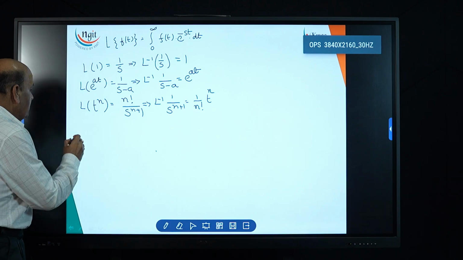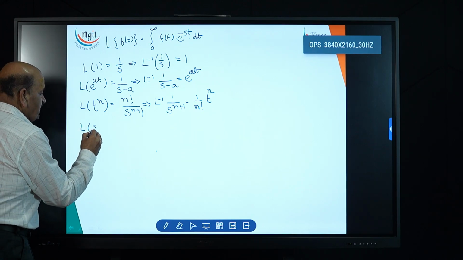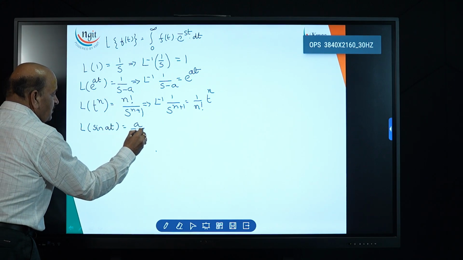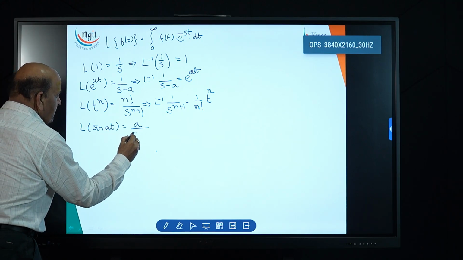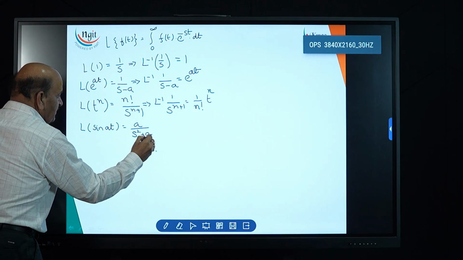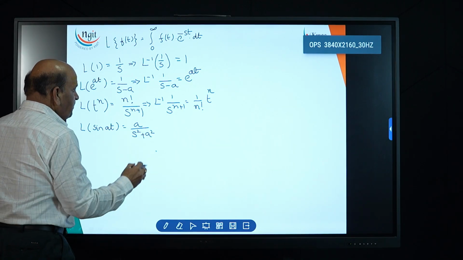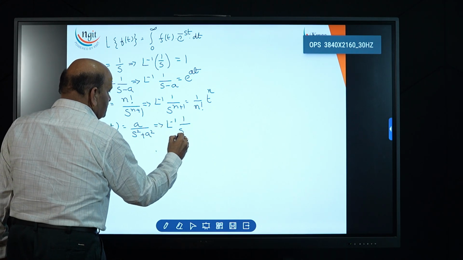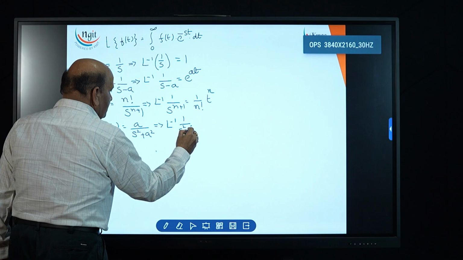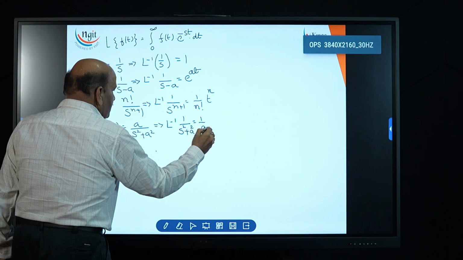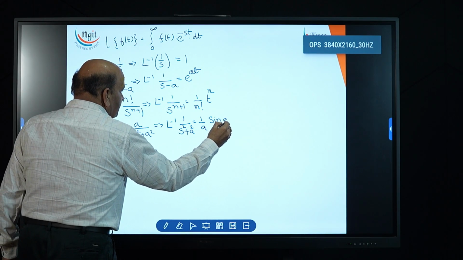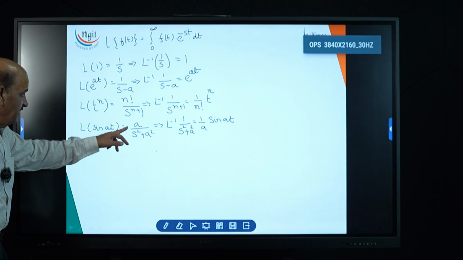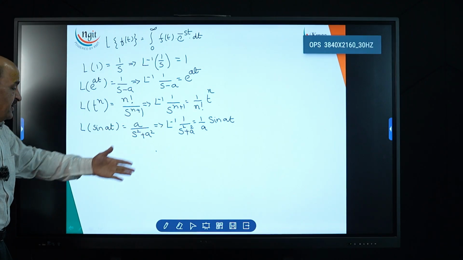Similarly, Laplace transformation of sin at is equal to a by s square plus a square. This implies the inverse Laplace transformation of 1 by s square plus a square is equal to 1 by a sin at, because a is constant, so we are keeping a on that side.